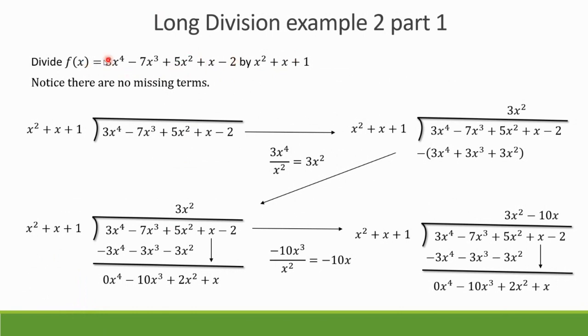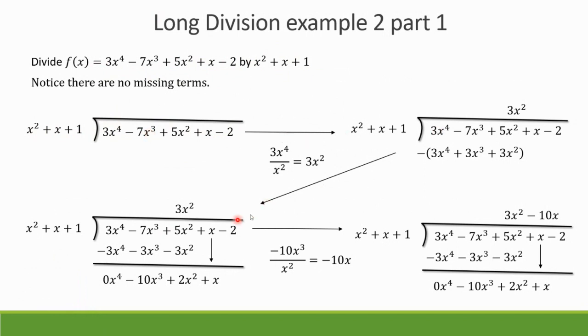So this is basically our dividend, as you can see, and we're dividing it by this. So this is our divisor. Notice we're not missing any terms, so we don't have to put in 0 as a placeholder.